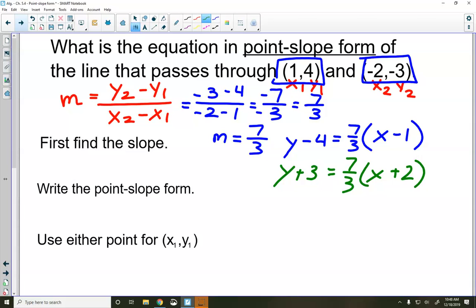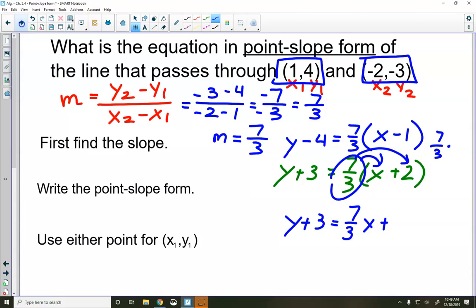If you do the math correctly, you can simplify these into slope-intercept form. So I will distribute the 7/3 to both sides. I'll get y plus 3 equals 7/3 x plus, and then I have to multiply 7/3 times 2. I want this to be over 3, so 2 is 6/3. That's another way to express 2. And we get 14/3.